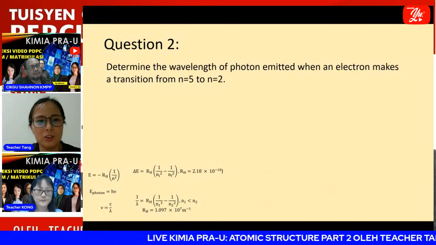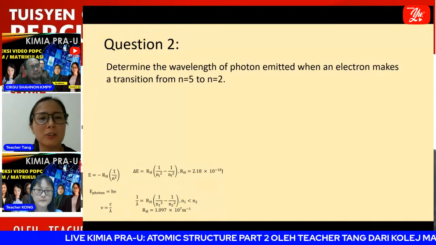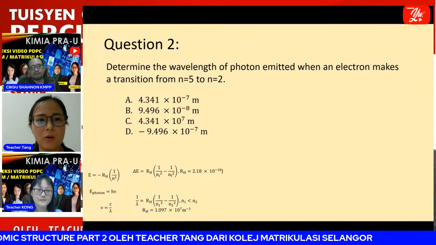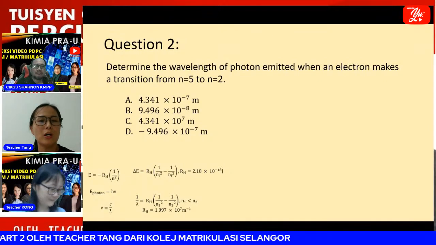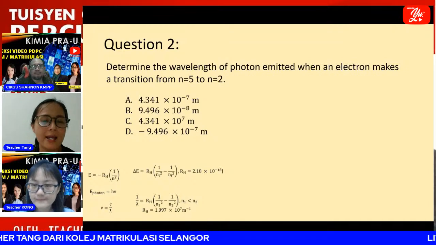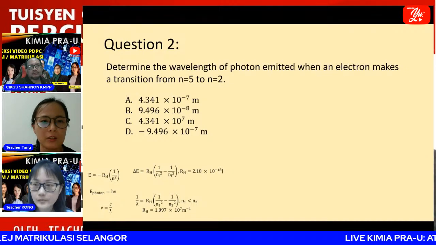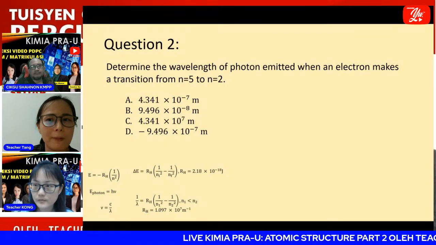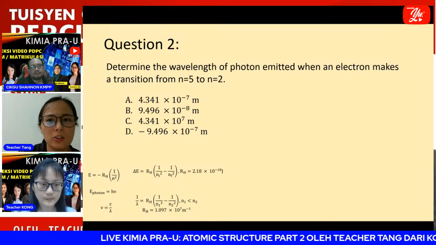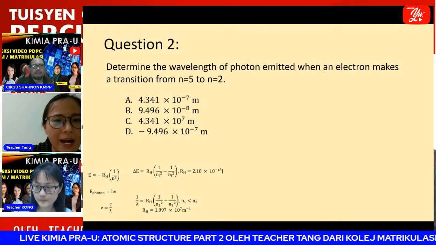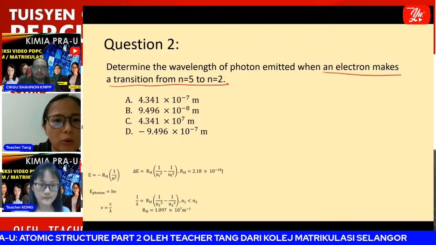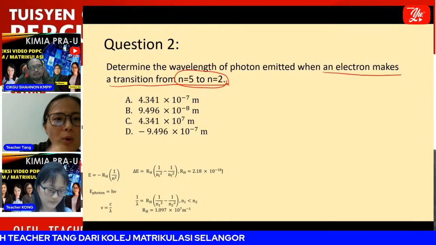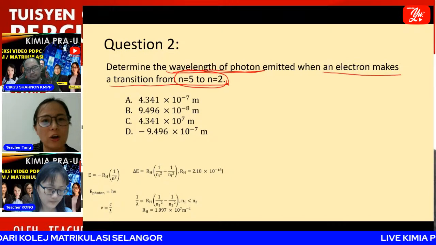So now question number 2. What is your answer for question number 2? To do this question, again follow the 3 steps. Step number 1, look at what is being given to you. We are given that an electron makes a transition from n equals 5 to n equals 2. This is an electron transition, and we want to determine the wavelength of the photon.